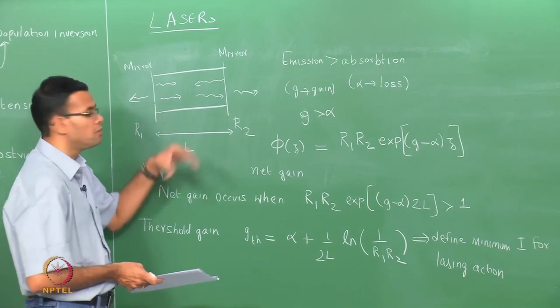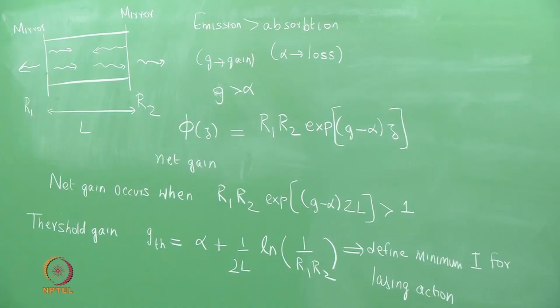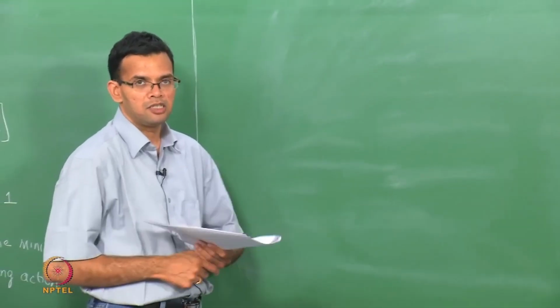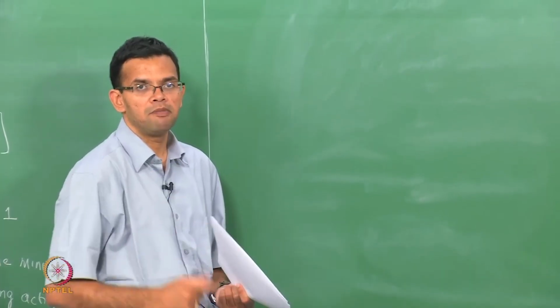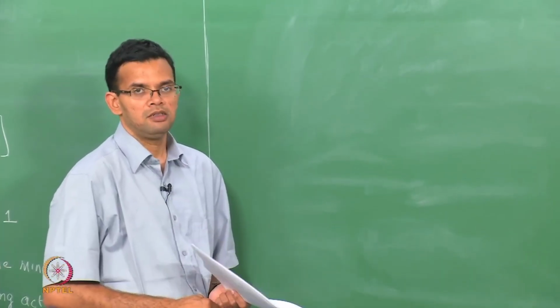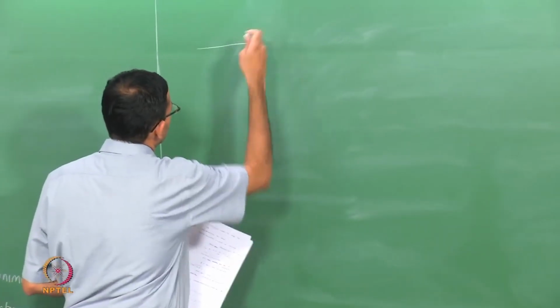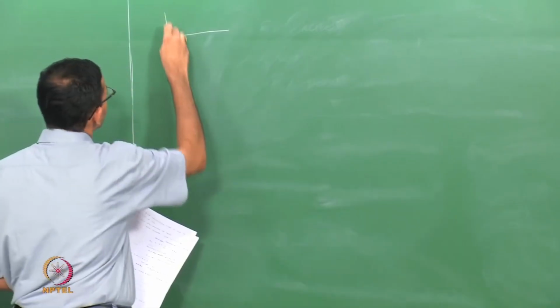So, let me include that as well and draw a schematic of the laser structure. We want to confine the beam in the lateral direction, done by using reflectors, and we also want to confine the beam in the vertical direction. This is called waveguiding.